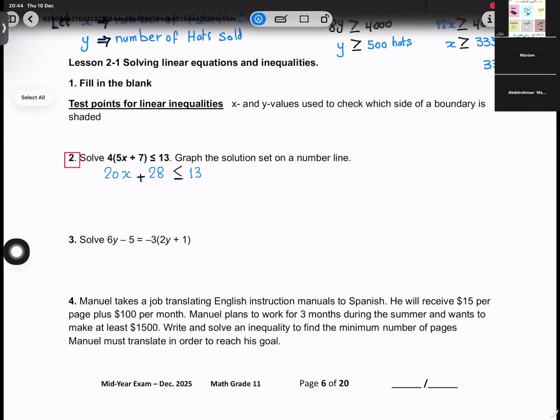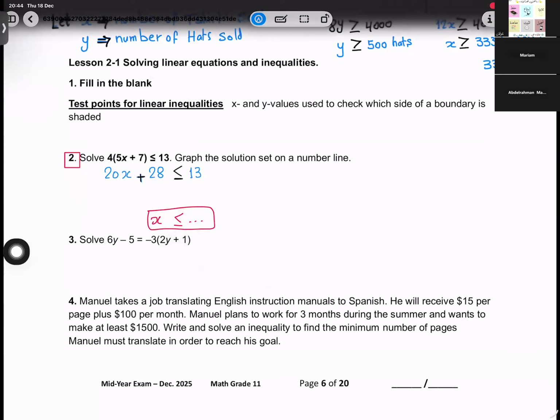28, 13. Graph the solution on a number line. We still need to isolate x, complete solving. We need x at the end, less than or equal to a number.